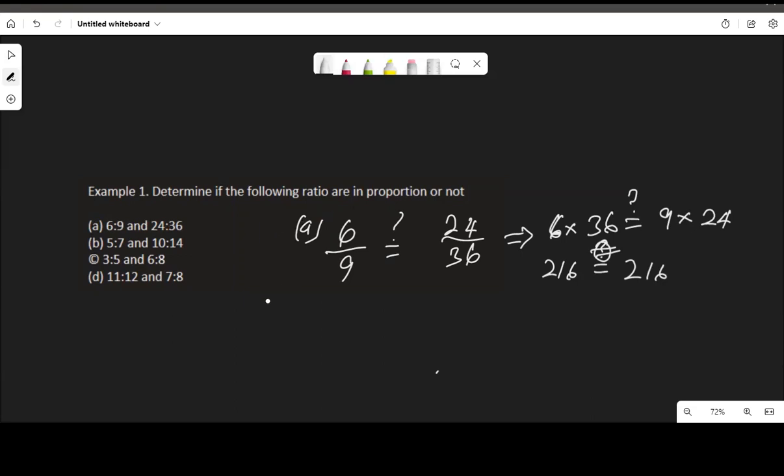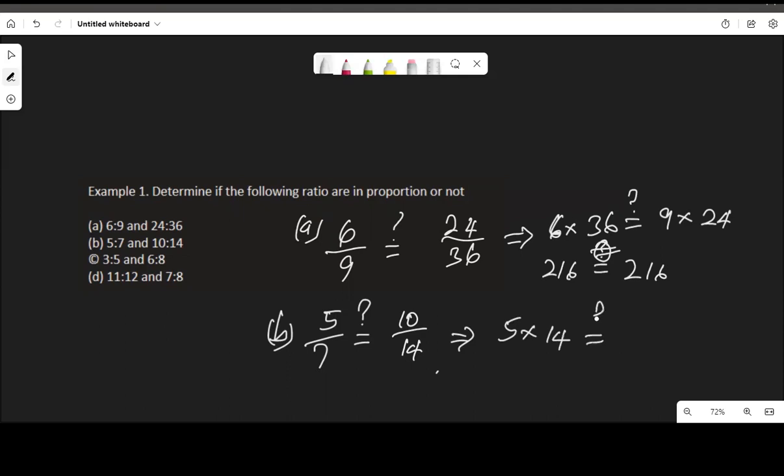Let's move on to question B. We have 5 to 7 and 10 to 14. So we set 5 to 7 as 5 over 7. We assume it is equal to 10 over 14, and then cross multiply. 5 multiplied by 14.